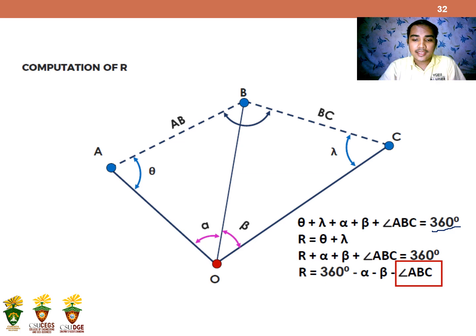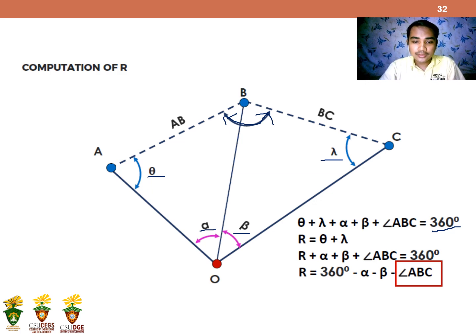As for the figure, mato makita diri is we have theta plus lambda plus alpha plus beta plus this angle. Let us say that this is angle ABC. So that is equal to 360 degrees.